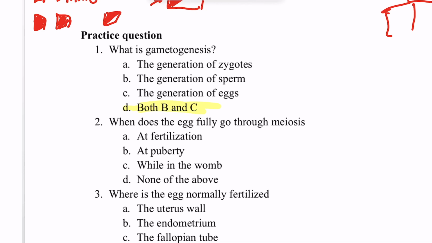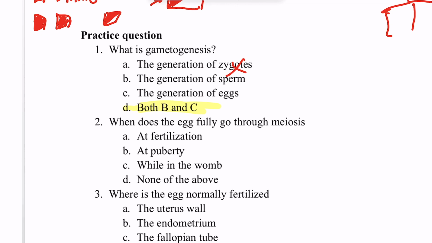It's generation of sperm, spermatogenesis, generation of eggs, oogenesis. It is not zygote, because zygote is when you fertilize sperm and egg, right? That's fertilization, as after fertilization. So gametogenesis, generation of gametes, that's generation of sperm and egg.